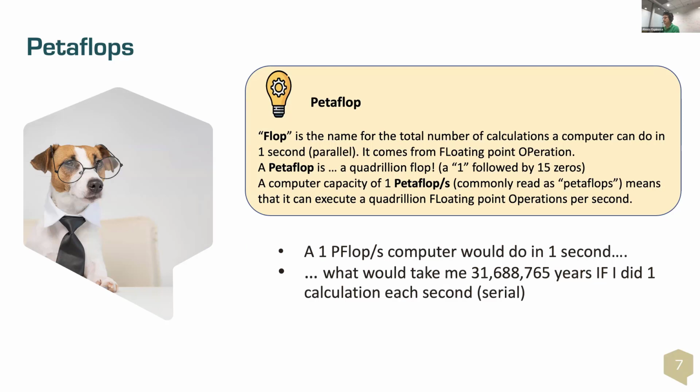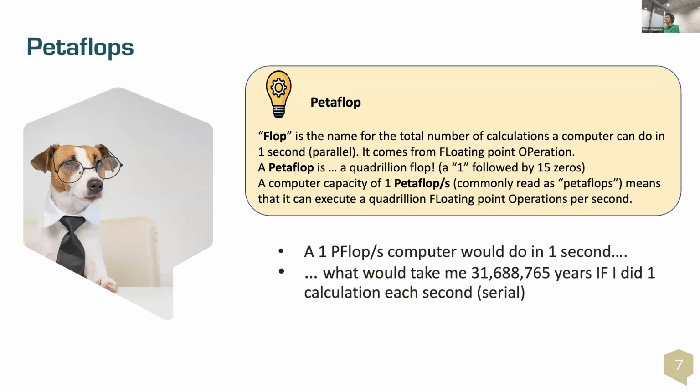But we are even, in this era, 1,000 times beyond the petaflop. So we are recently, in the past year, breaking into the era of the exaflops. Still many computers are in the peta range, so I guess peta is still a good measure.